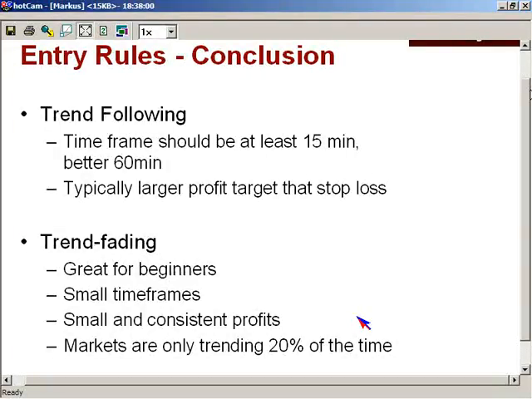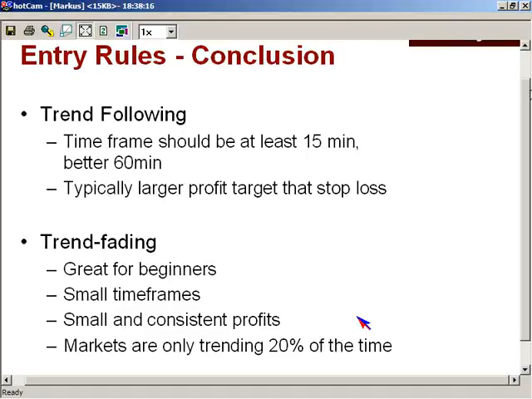On a trend fading system, it is quite normal to have a winning percentage of 65 to 80%. Therefore, you typically have a stop loss that's equal to your profit target, or you might have even a stop loss that is larger than your profit target.